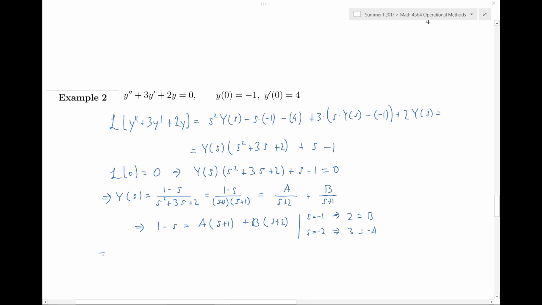And as a result, Y of s must be -3 over s plus 2 plus 2 over s plus 1.